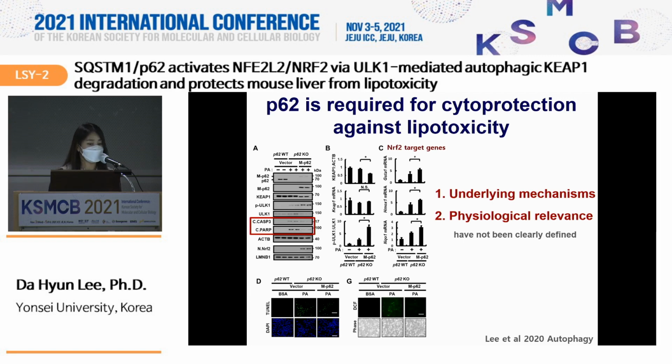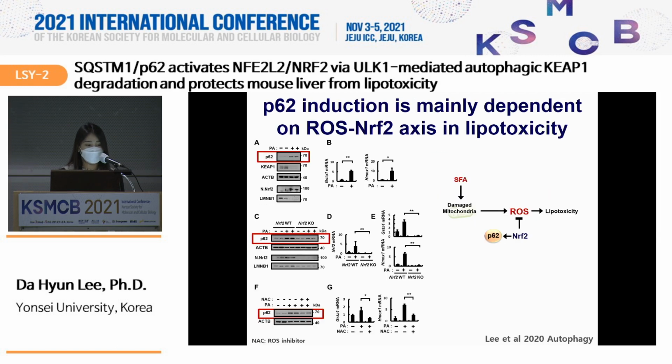Therefore, P62 is required for cytoprotection against lipotoxicity. Consistent with previous reports, I was able to confirm that P62 is accumulated in response to palmitic acid. In addition, P62 induction is mainly dependent on the ROS-NRF2 axis in lipotoxicity.